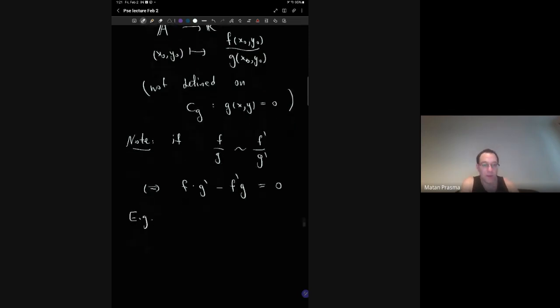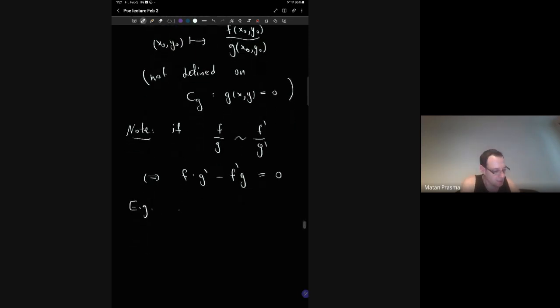For example, we can consider the two rational functions, x squared modulo xy, and xy modulo y squared. These are two rational functions in k(x,y). And they are equivalent.